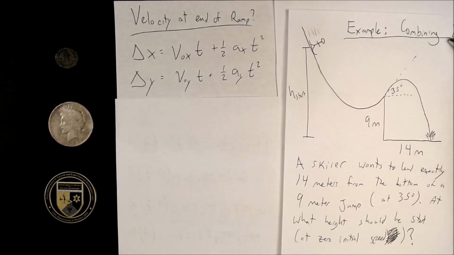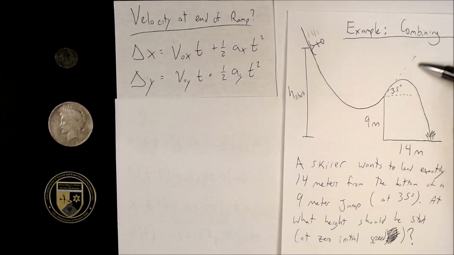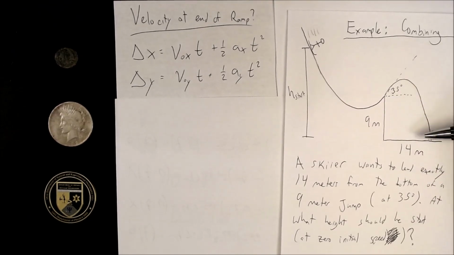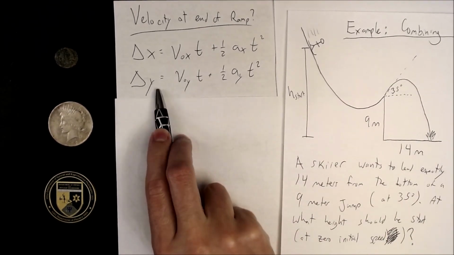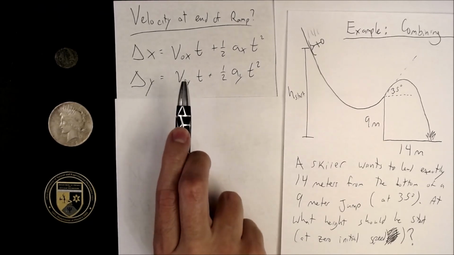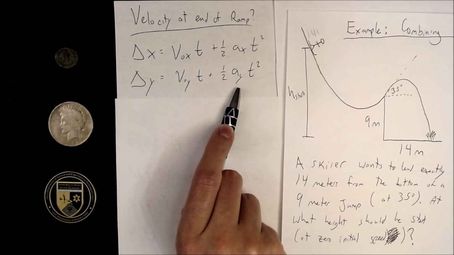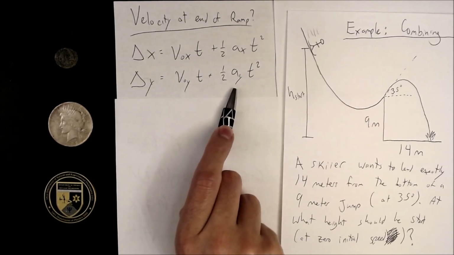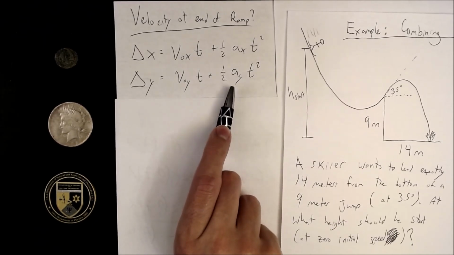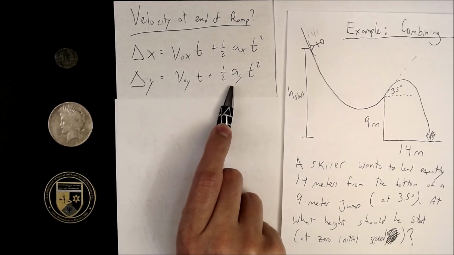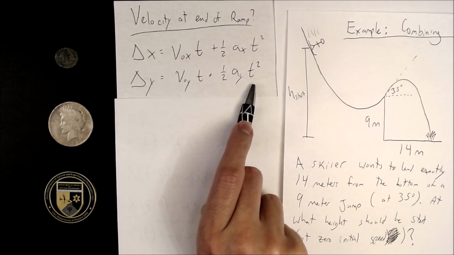If he was trying to get up there, then you'd be right, but no, he needs to go down 9 meters. Negative 9 equals v naught y, I have no idea, times t, I have no idea, plus 1/2. What's a y? Yeah, negative 9.8 meters per second squared, the acceleration due to gravity near the surface of the Earth, times t squared.